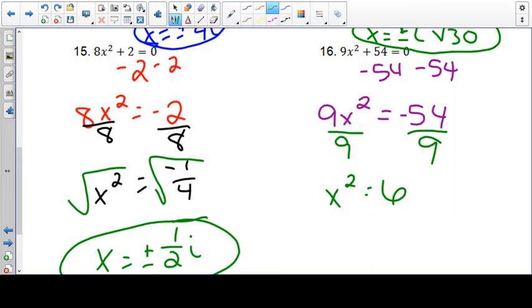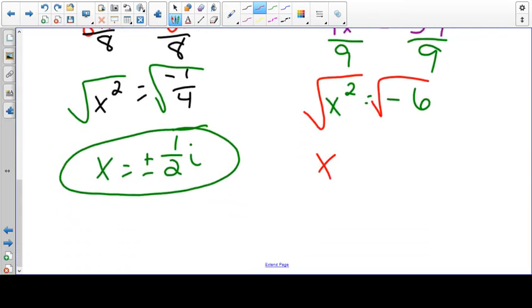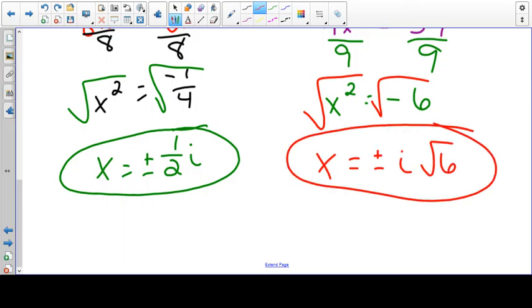I forgot my negative sign. Take the square root of both sides. Now we've seen the square root of 6 plenty of times, so we should know that that is not going to break down anymore. So it's just x is equal to plus or minus i square root of 6.